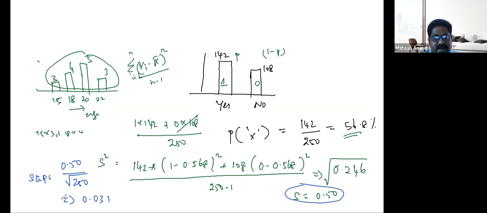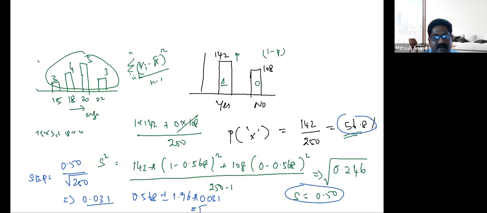Once we have the standard error of the proportion, we can represent the 95% confidence interval range. So 0.568 plus or minus 1.96 times this SEP, that is 0.031.